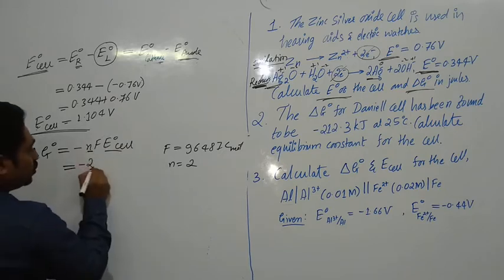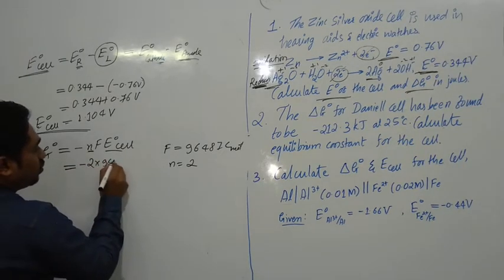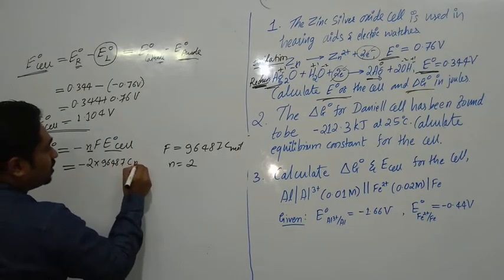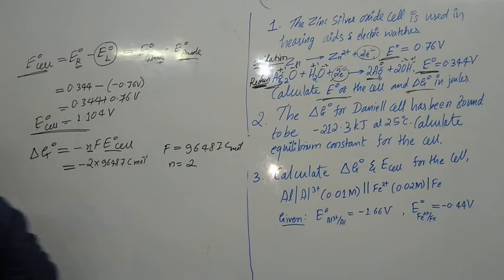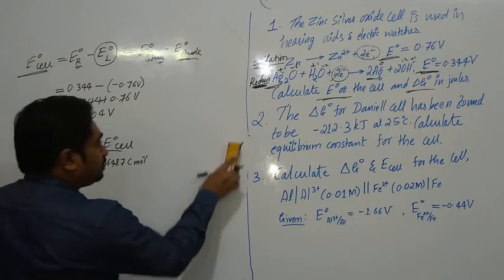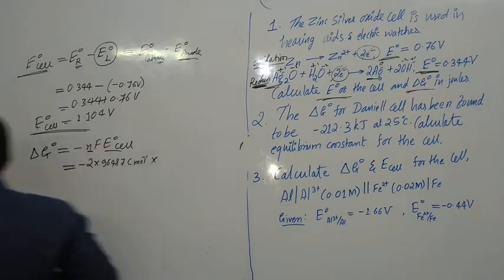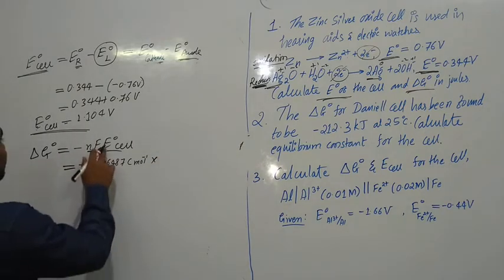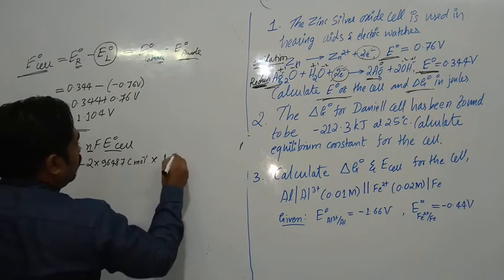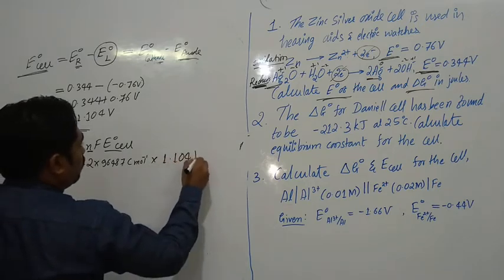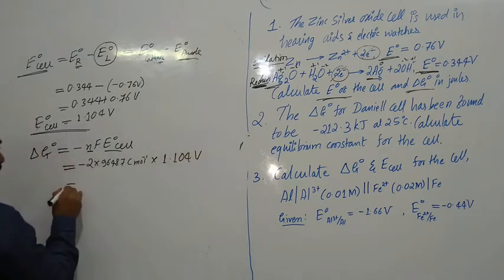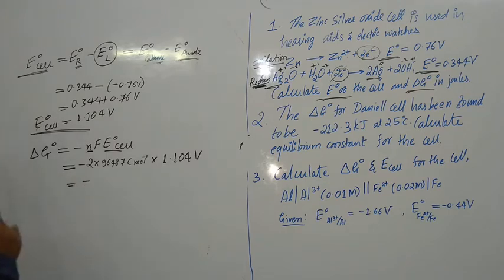Minus 2 into 96,487 coulombs per mole, multiplied with what? 1.104 volt. Now how much does it become? Minus 2 into 96,487 coulombs per mole into 1.10 volt.